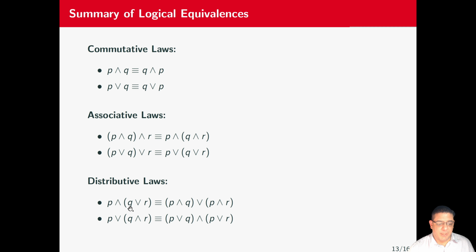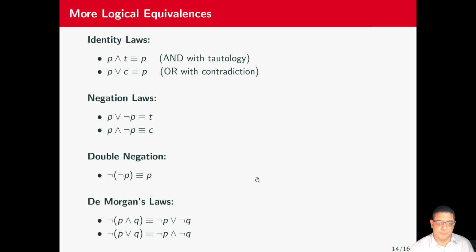So this becomes P and Q or P and R. And in the case of the or distribution, P or Q and P or R. Now, the identity laws as well. We have P and true is always just going to be P, and P or contradiction is always going to be P. So either of these two gives me my initial proposition.